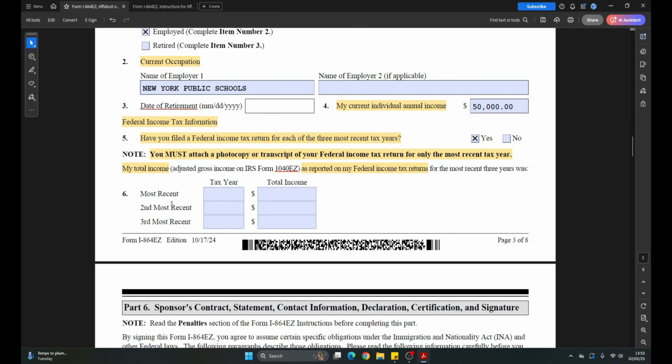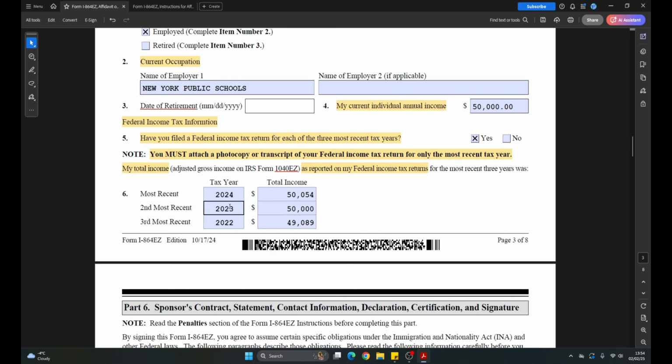So this is how we will write it. Provide the tax year on the left and provide the number that is listed in the total income on your return on the right. Now, if for the second and third most recent tax years your income also met the income guidelines, then you can also include those.